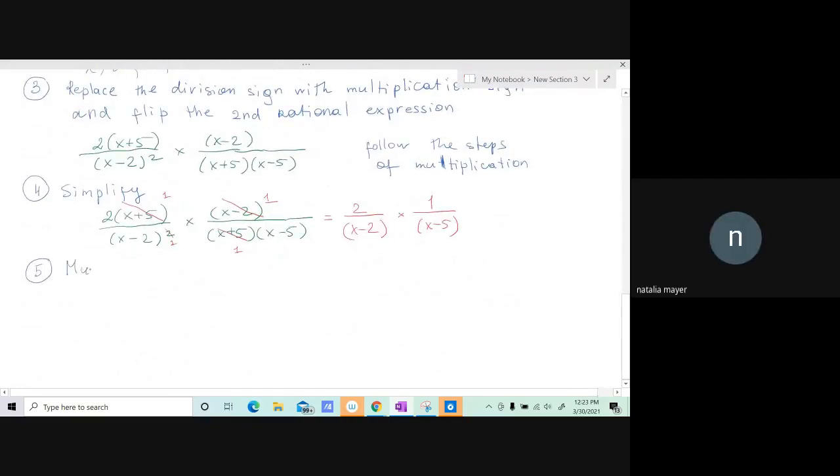Finally, we can multiply. When we multiply rational expressions, we multiply normally, numerator by numerator, how we multiply fractions. So 2 over x minus 2 times x minus 5.